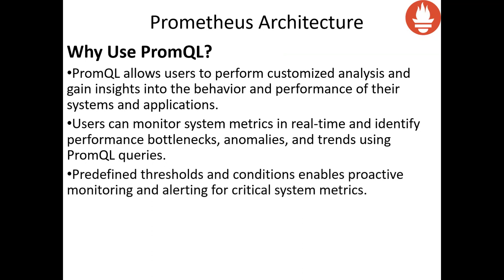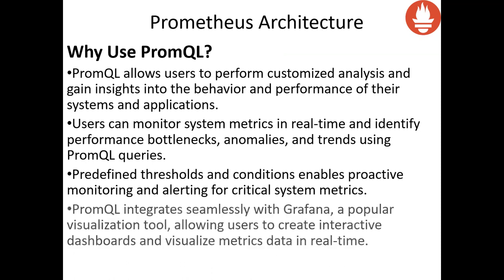Predefined thresholds and conditions enable proactive monitoring and alerting for critical system metrics. PromQL integrates seamlessly with Grafana, a popular visualization tool, allowing users to create interactive dashboards and visualize metrics data in real time.